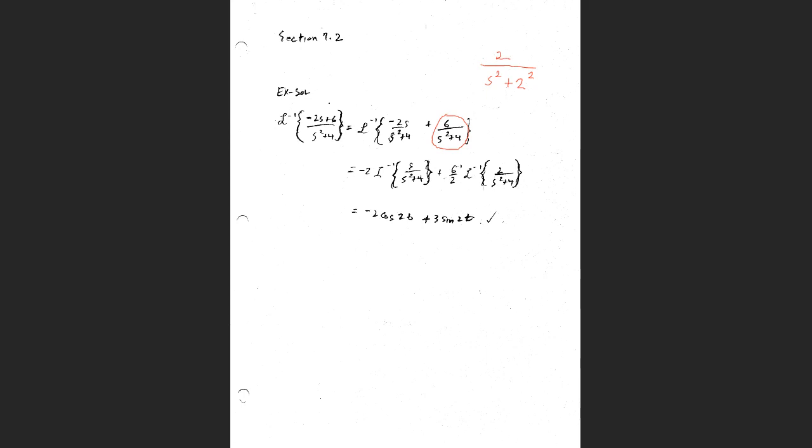Well, what I can do is write 6 as 3 times 2. And 3 times 2 is the same as 6 over 2.